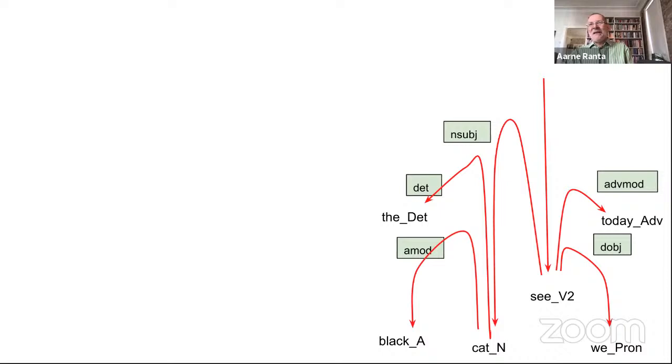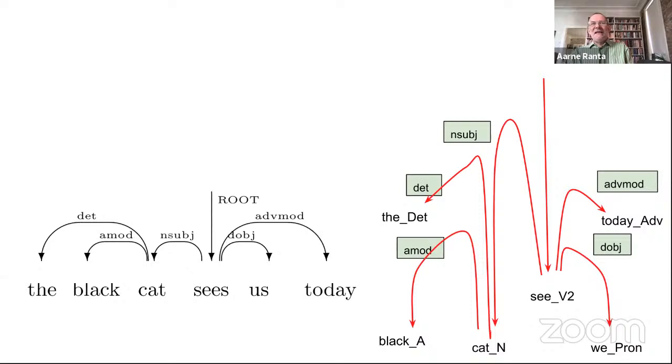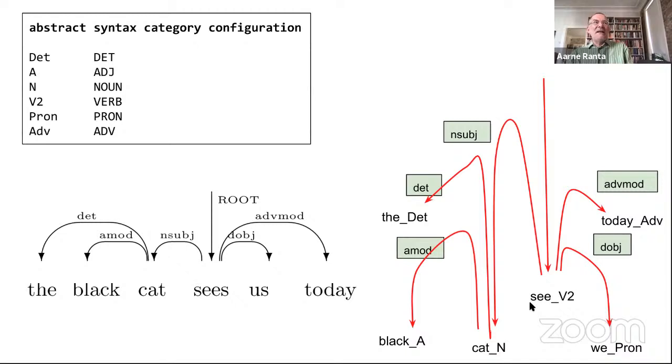left is the dependency tree, which you can then display in this nicer notation. Well, this is exactly the same, except that you have also done lexical insertion here, and then you also need a little mapping from the syntactic categories to the universal POS tags of UD.